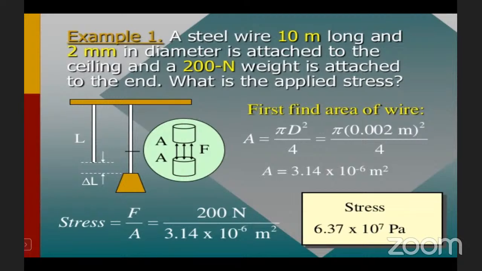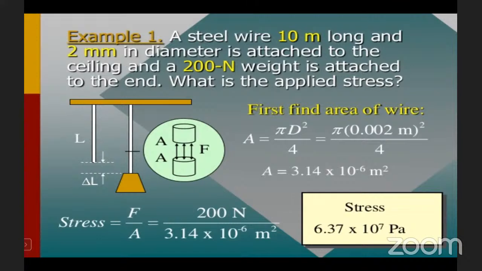So now see here, the steel wire length L equals 10 meters, and the diameter of the wire is 2 millimeters. The force applied is a 200 newton weight attached to the end. To find the stress, the formula is force per area. First of all, we will find the area.